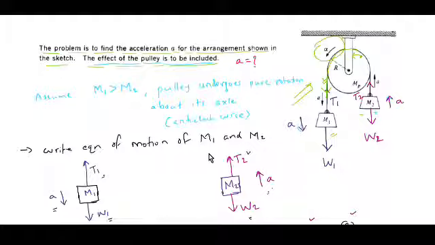That is, we can say that the velocity of the rope is equal to the velocity of the point on the surface of the wheel. Okay, which means we here assume that the rope does not slip.